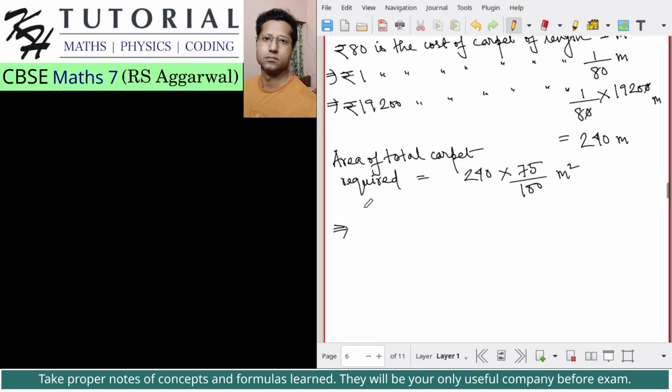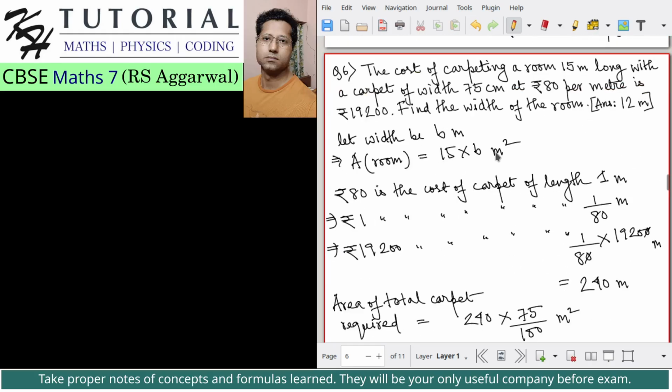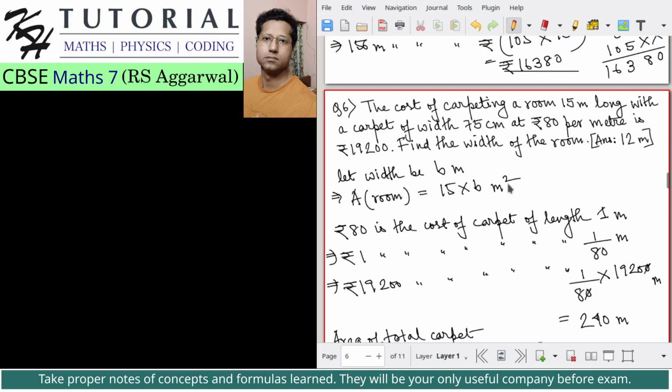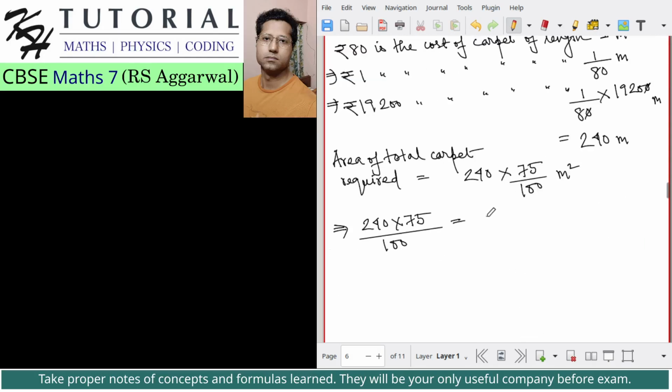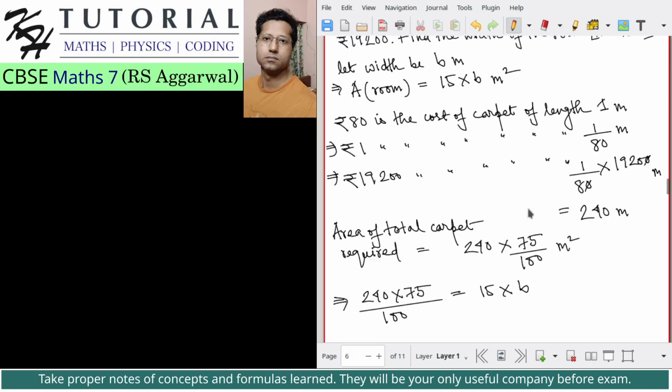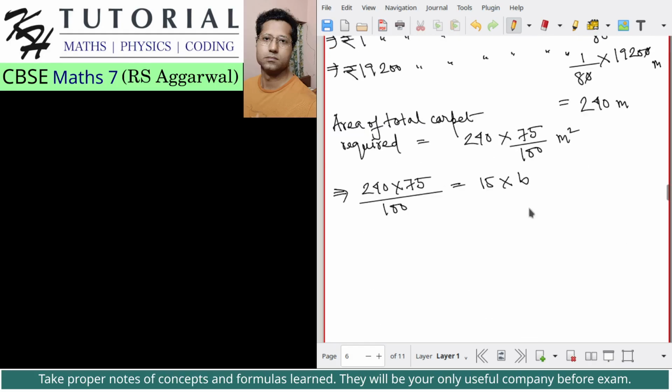So we must have 240 multiplied by 75 divided by 100 equal to the area of the room, which was 15 into b meter square, where we have assumed b to be the width of the room, 15 multiplied by b. So from here we can easily solve for b.